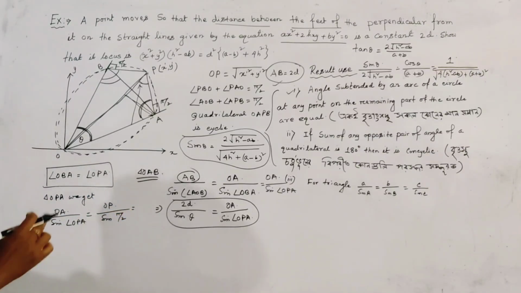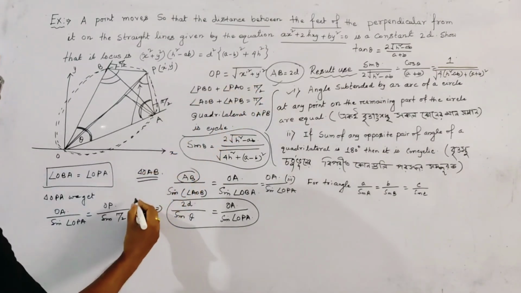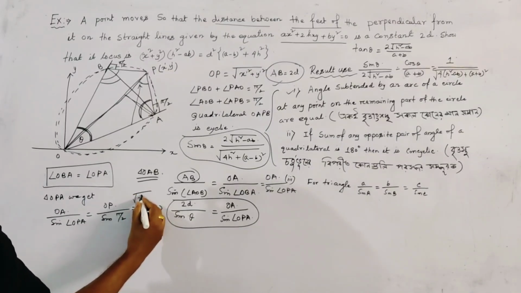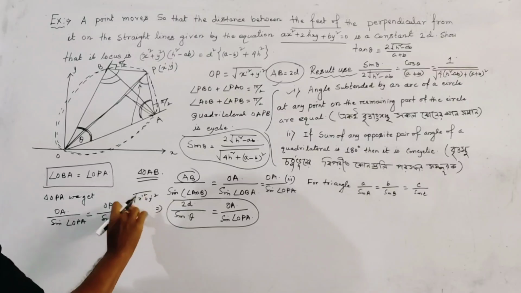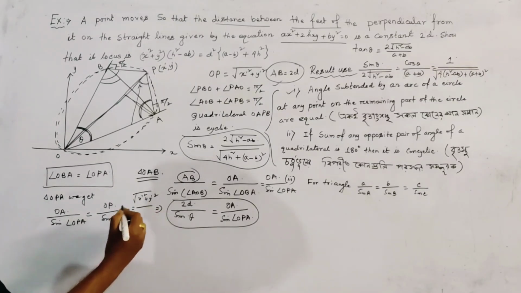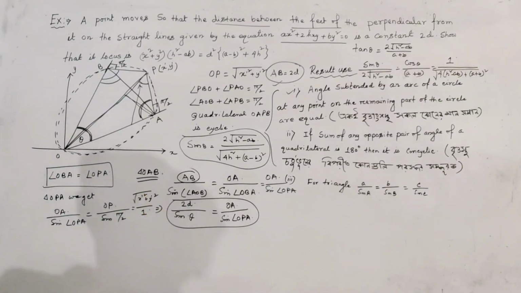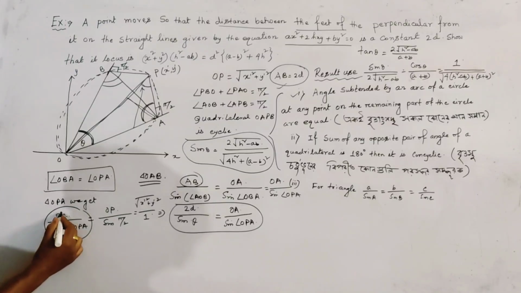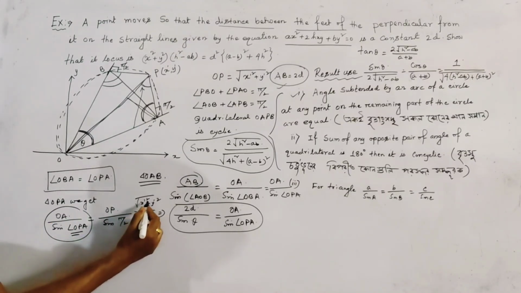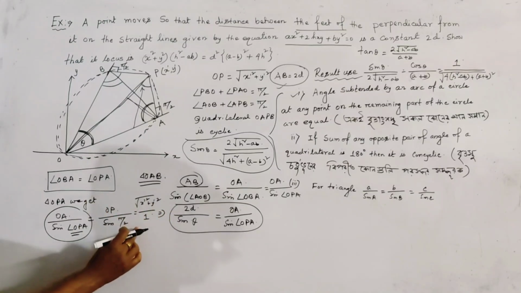OP means we already found the value of OP. This is equal to root under x dash square plus y dash square. This is OP, and sine pi by 2 means 1. Now putting the value of OA by sine OPA, this is equal to root under x dash square plus y dash square by 1 directly.